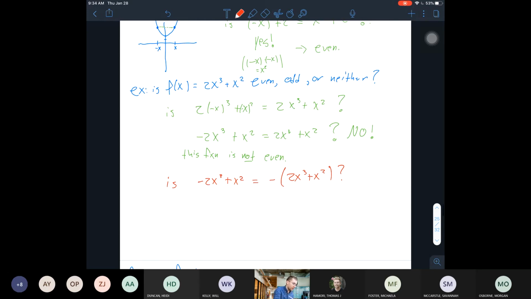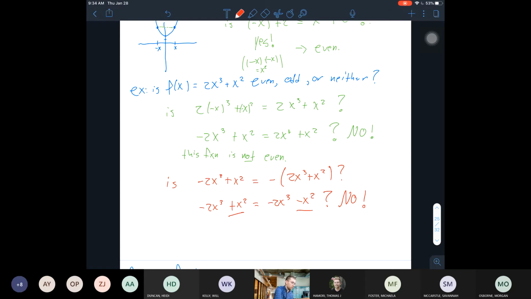We just want to check if this is true. We can check that fairly easily by distributing that negative sign. We'd get negative 2x cubed plus x squared is equal to negative 2x cubed minus x squared, question mark, and the answer again is no. Because on the left-hand side, we have a plus x squared. On the right-hand side, we have a negative x squared.